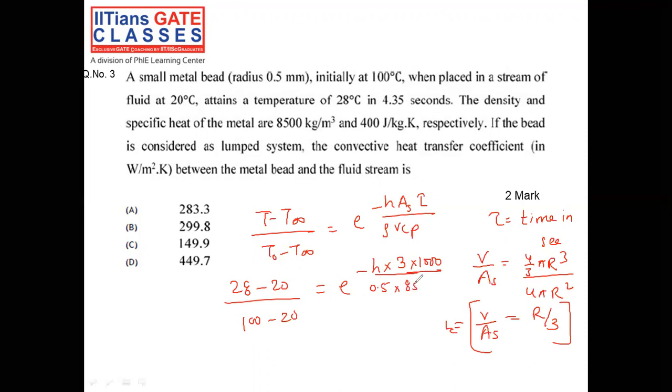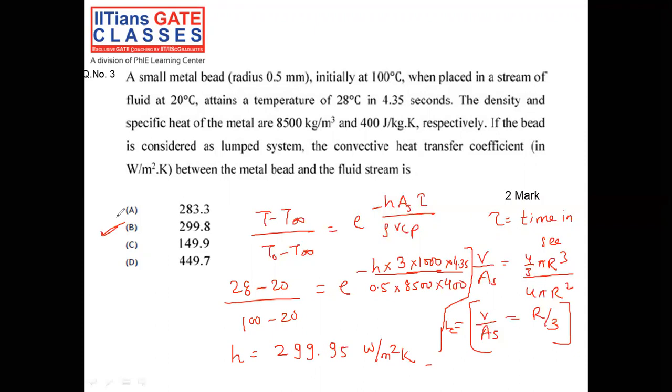Density is given as 8500, specific heat at constant pressure is 400, and time is given as 4.35. If we calculate finally by taking log on both sides, the h value we get is 299.95 watt per meter square Kelvin, and that matches option B, that is 299.8.